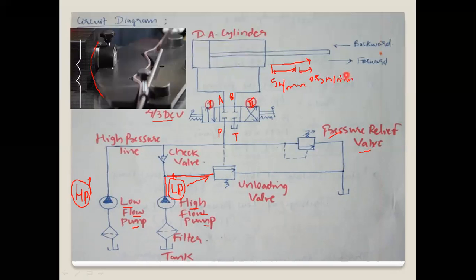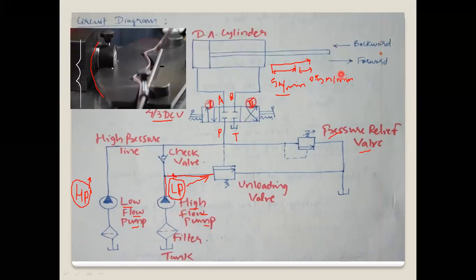One thing we have to observe here is that at the first rapid approach, that is for the 5 meter per minute, the oil supply will be majorly from the high flow pump. When the oil comes from the high flow pump, only then will I get this 5 meter per minute.